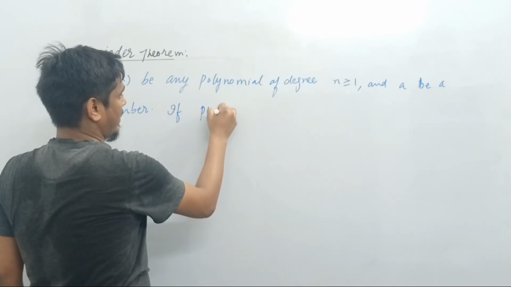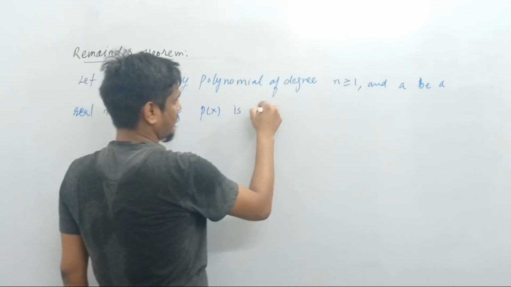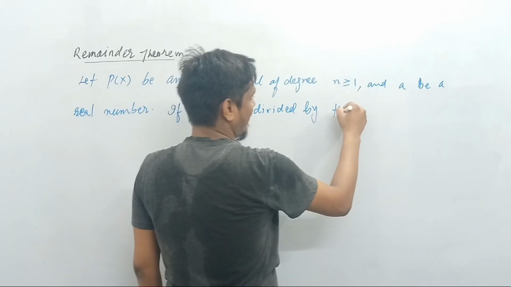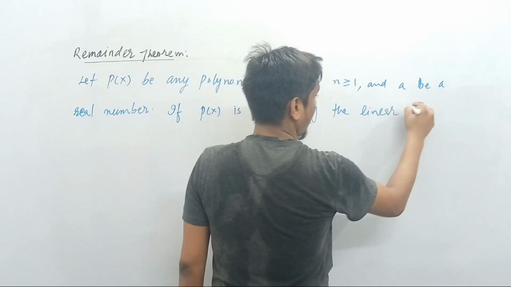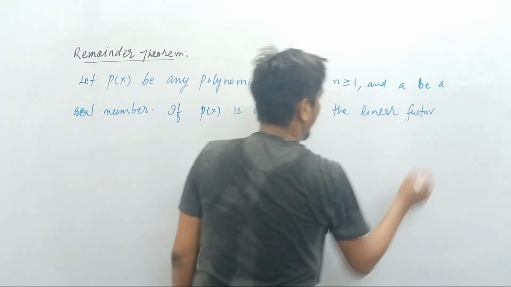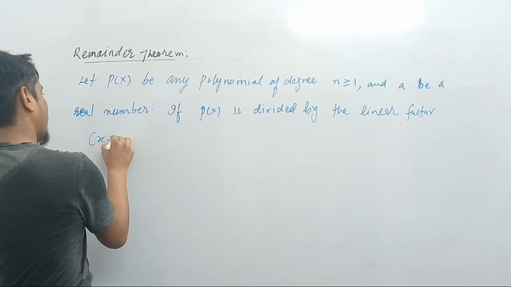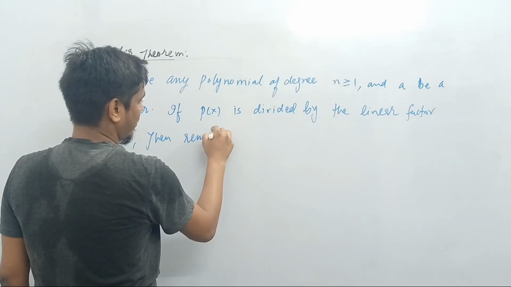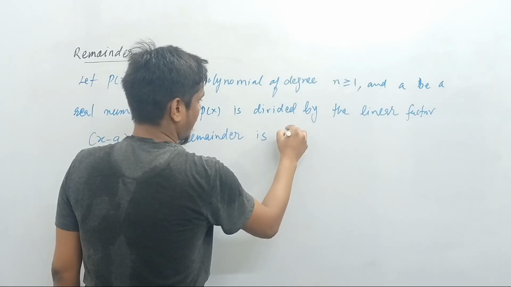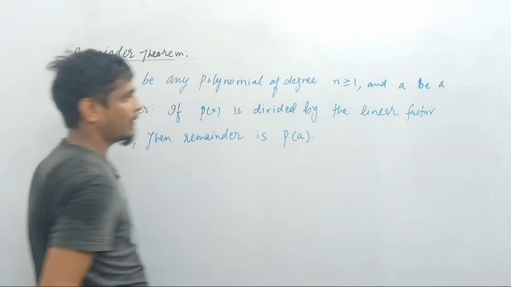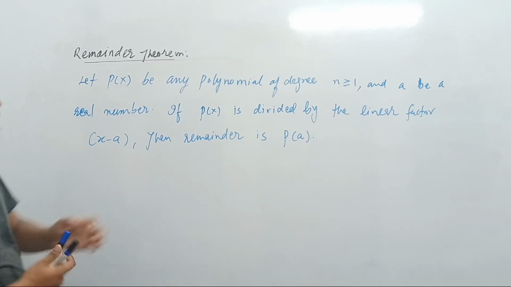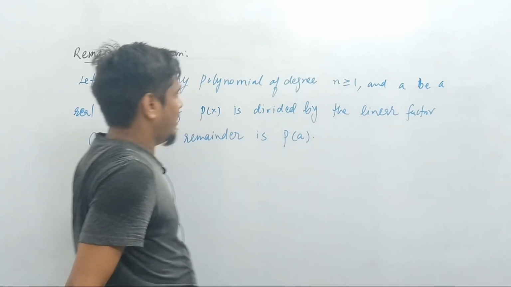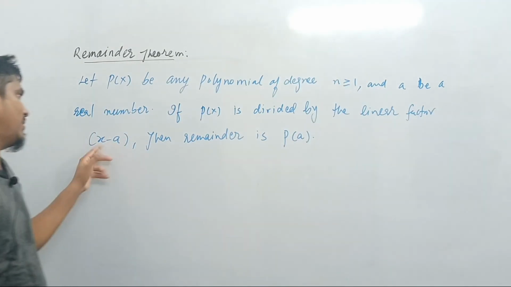If P(x) is divided by the linear factor x minus a, then the remainder is P(a). So here, if the polynomial of degree n, which is 1 or bigger than 1, is divided by the linear factor x minus a, why linear?